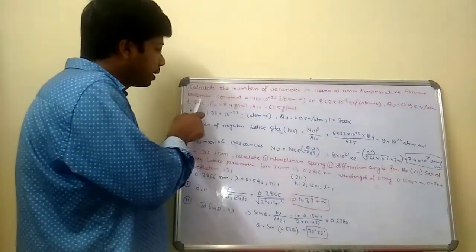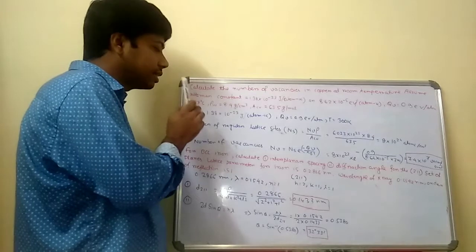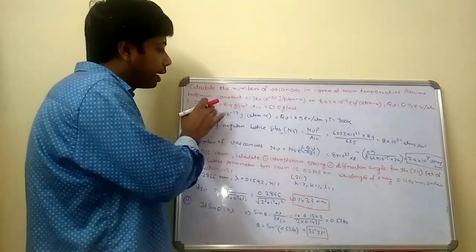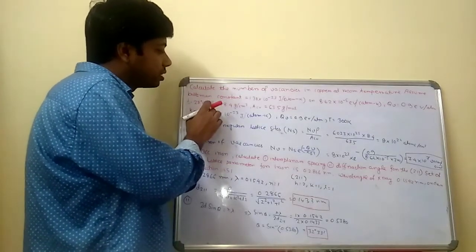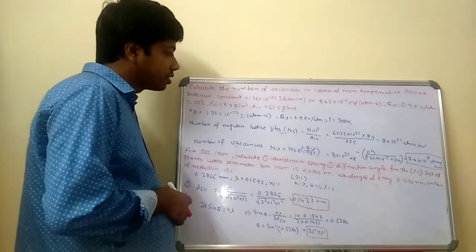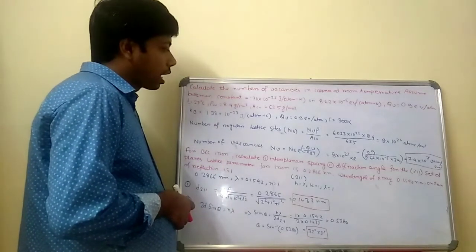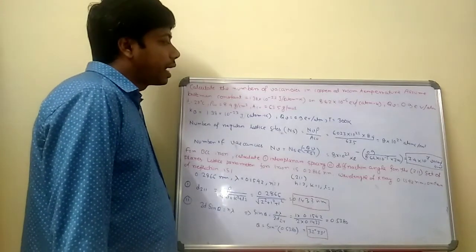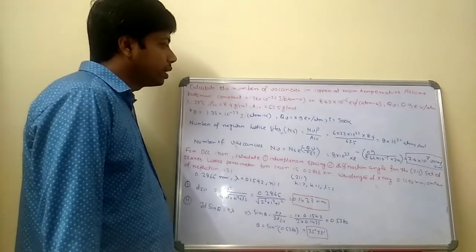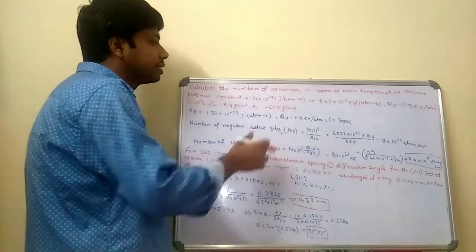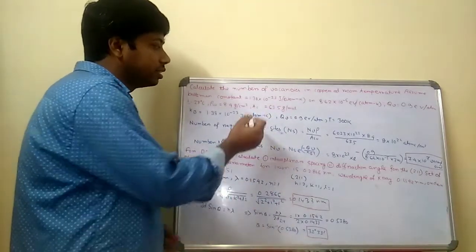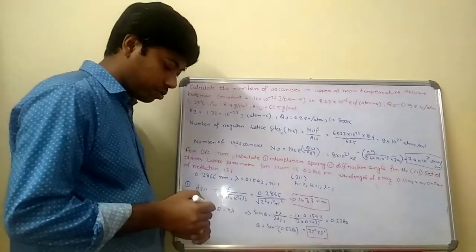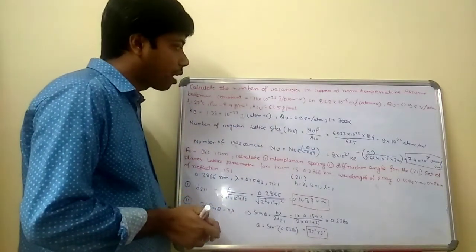The temperature is 27 degrees Celsius, that is room temperature, the density of copper is 8.4 gram per centimeter cube, and the atomic weight of copper, ACu, is 63.5 gram per mole.